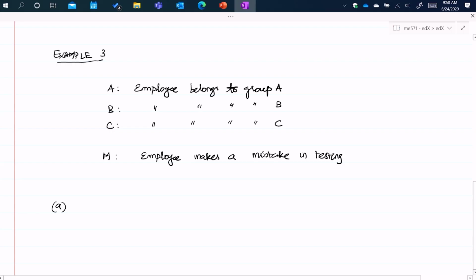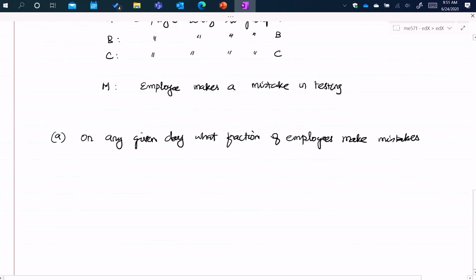Part A: on any given day, what fraction of employees make mistakes? So really what we are seeking is the probability of M, where M is the event that an employee will make a mistake.